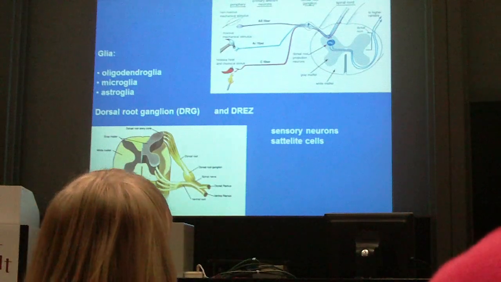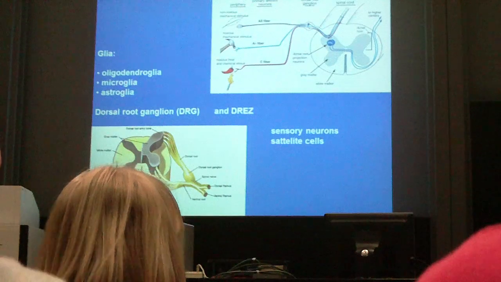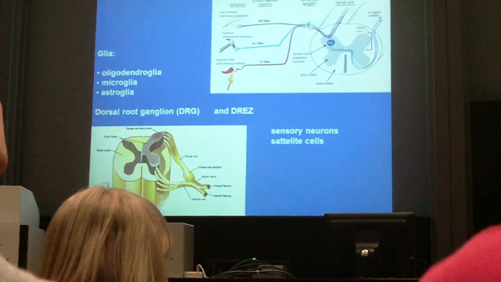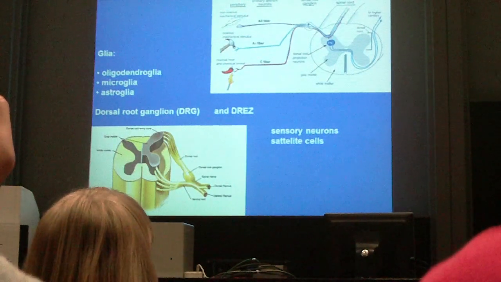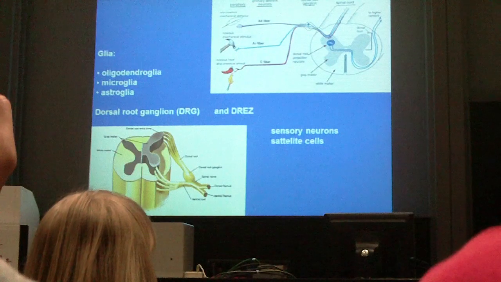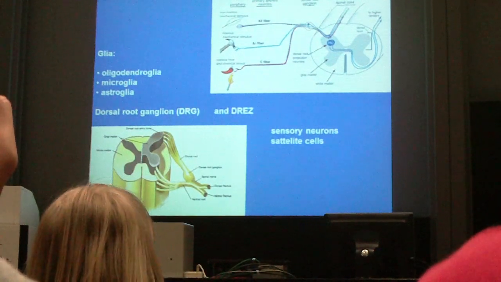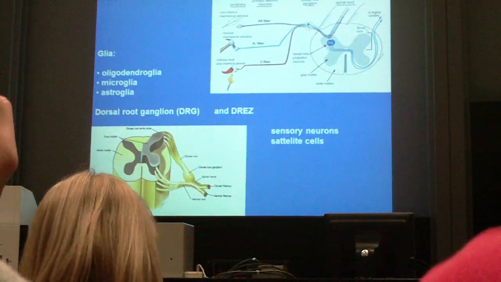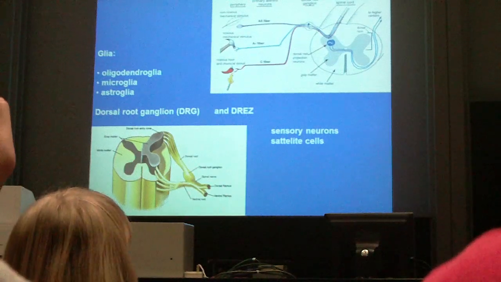Now these A delta fibers, as you can see here with a hammer, if you hit it, give a very quick pain response. And the C fibers, the unmyelinated fibers, also give a pain response, but a little bit later, the secondary pain response. And these A beta fibers are mainly for mechanical stimuli. So pressure on the skin is registered by A beta fibers.